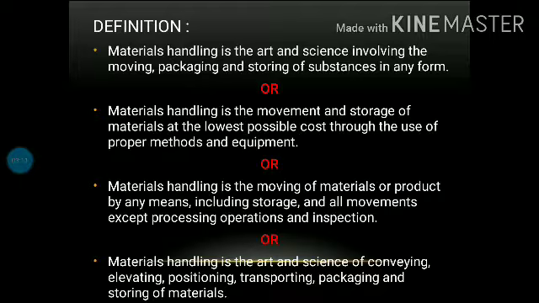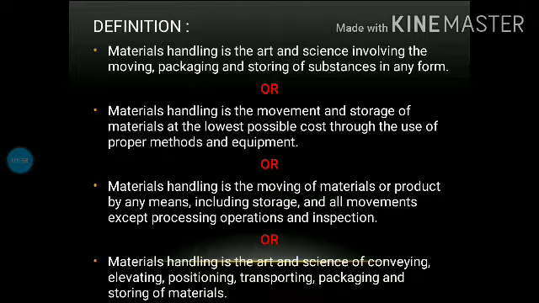The third definition says that materials handling is the moving of materials or products by any means, including storage and all movements except processing operation and inspection. Processing operations are the work done in a lathe machine and so on; they will not come under material handling.